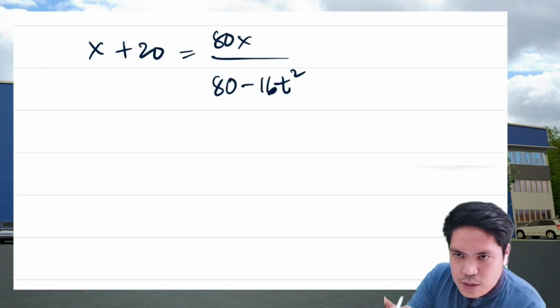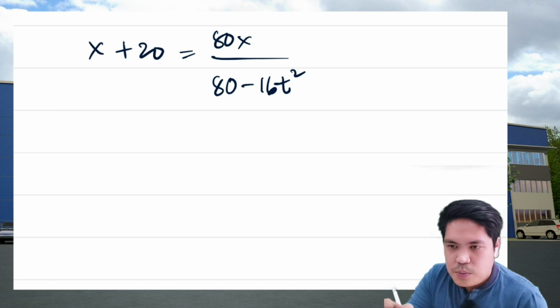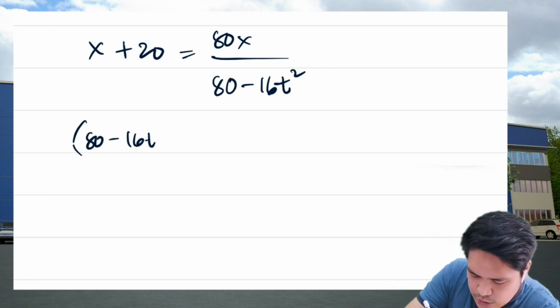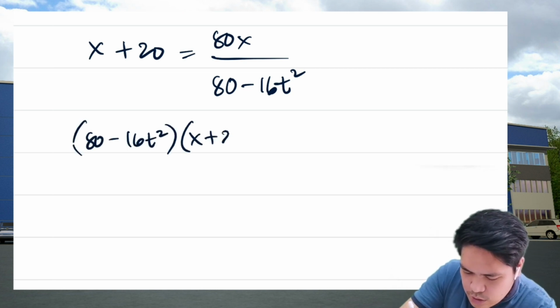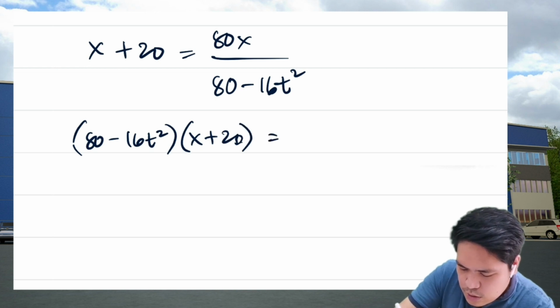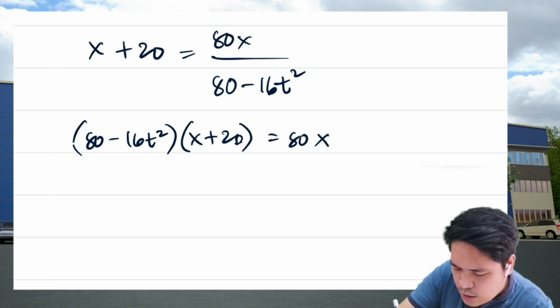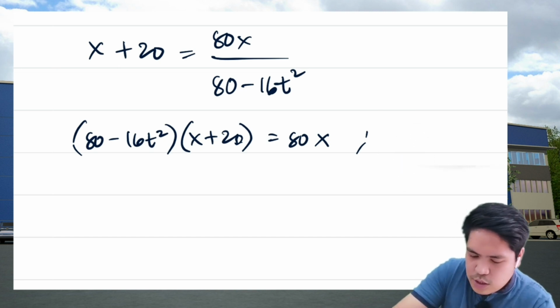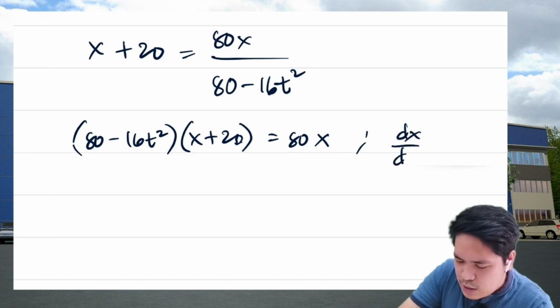So we can write it this way. So that we don't have to use the quotient rule, we could rewrite this as 80 minus 16t squared times x plus 20 equals 80x. Now, if we want to get dx over dt, let's take the derivative of this implicitly with respect to time.